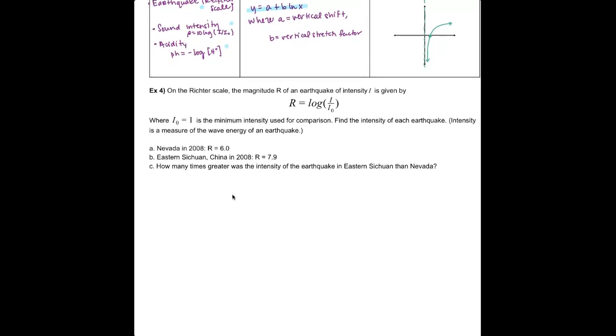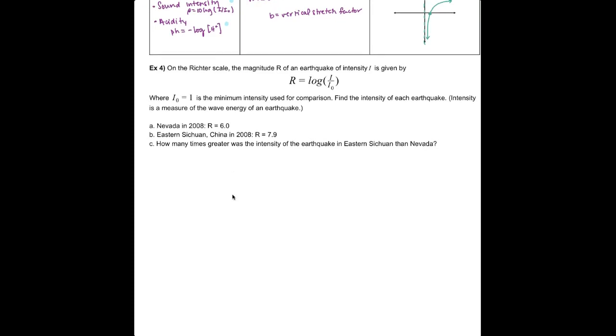And so we have a Richter scale equation. R is equal to the log of I over I sub naught. I is the intensity of the earthquake, and I sub naught is the minimum intensity that we compare it to, so it's 1. We're going to find the intensity of each earthquake. Let's start with A. The Richter scale reading was 6.0, so we want to figure out the intensity.